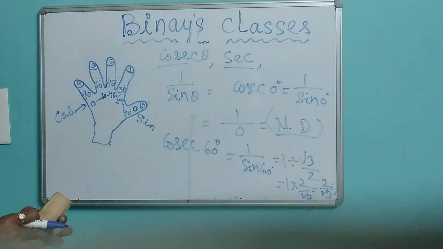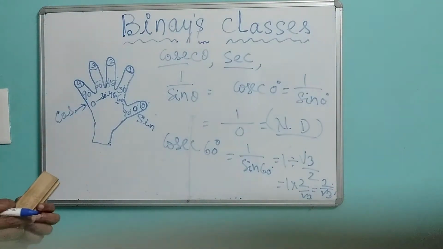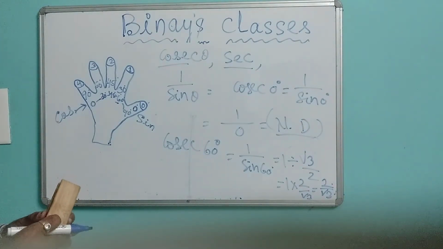So cosec 60 degree we got 2 by root 3. This way you calculate.